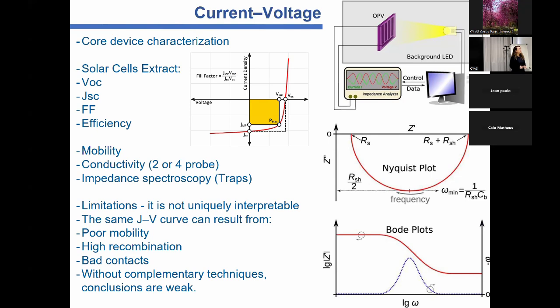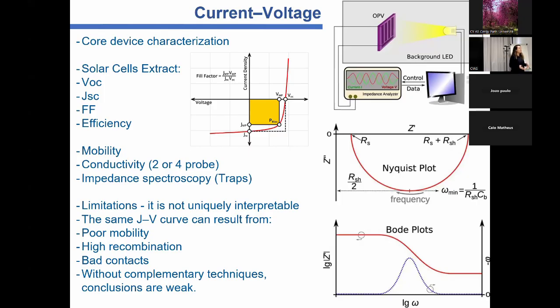So we can see here, for instance, the conditions for current density, for short circuit current and open circuit voltage values, and the product of the voltage and the current gives us the maximum power point, and the relationship between the VOC, JSC, and the maximum power point gives us the filling factor, and this is the relationship to see the main parameters for solar cells.